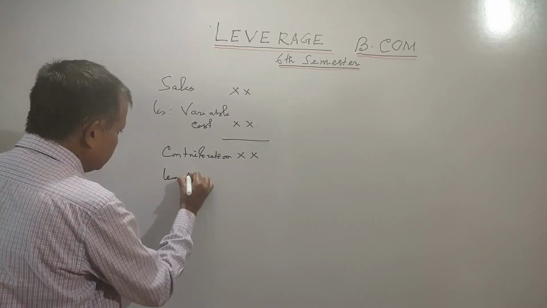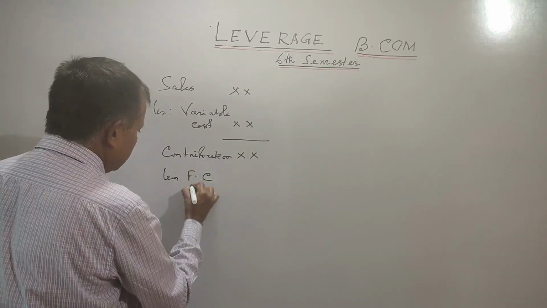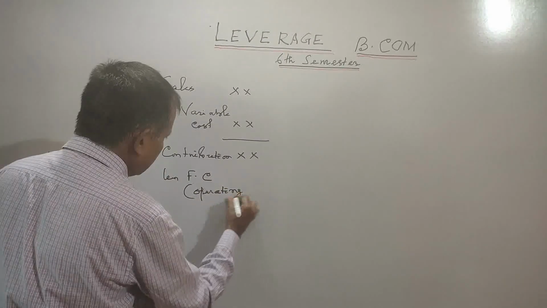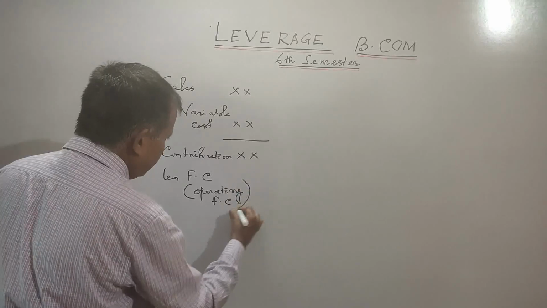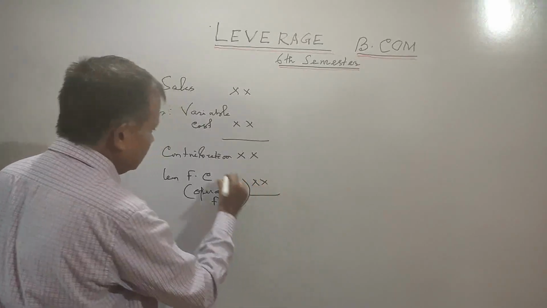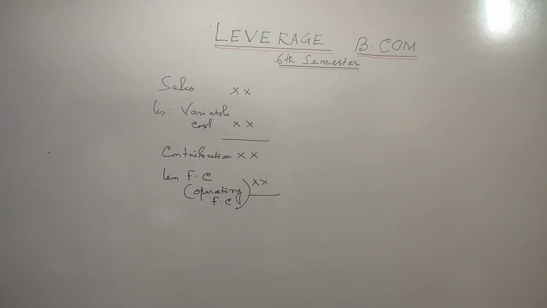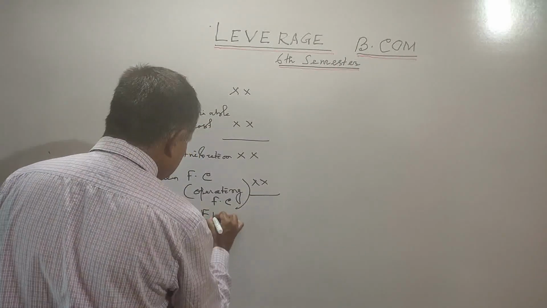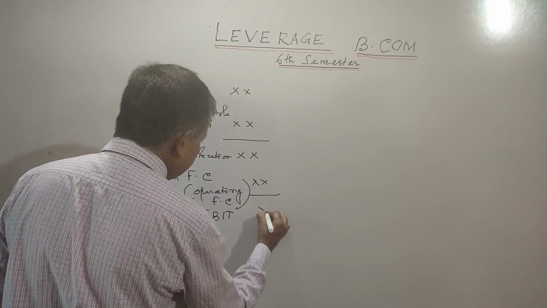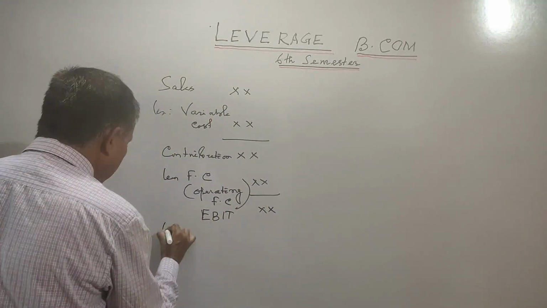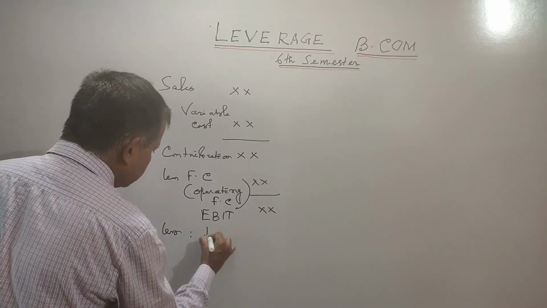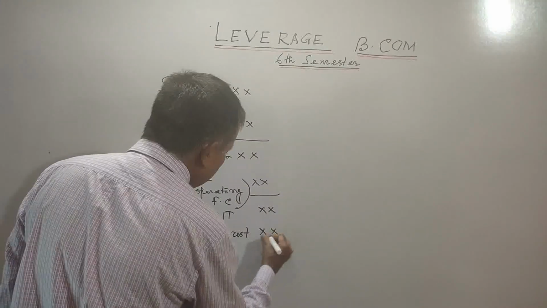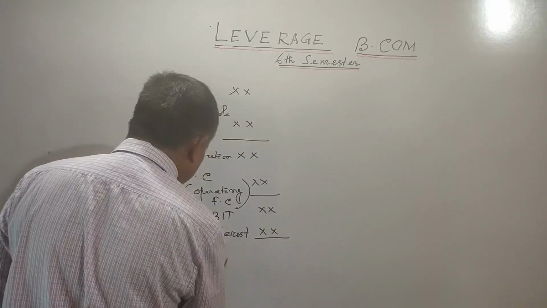Then less fixed cost. This is operating fixed cost. That means it does not include your interest. Then it comes to your EBIT, right? Less interest. It comes to your EBT.